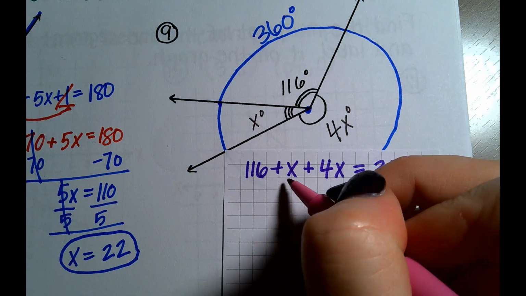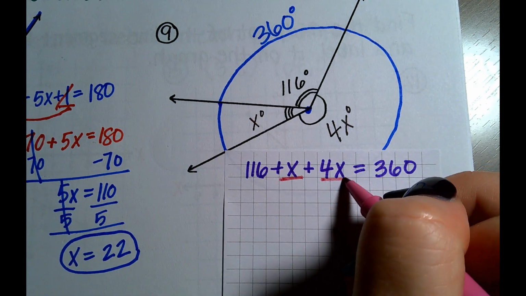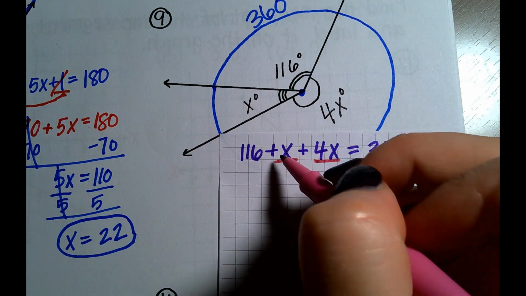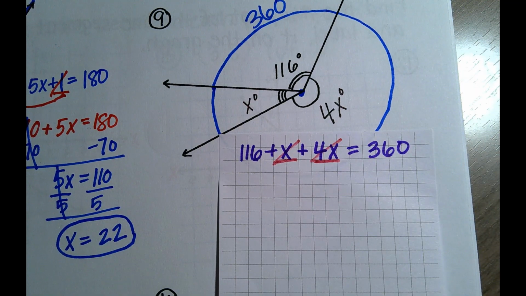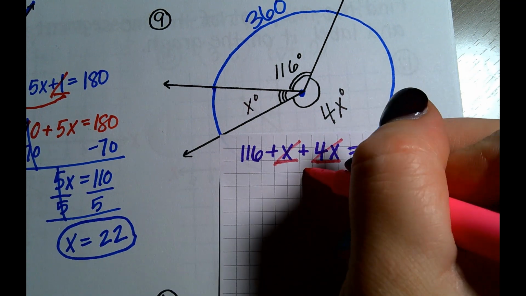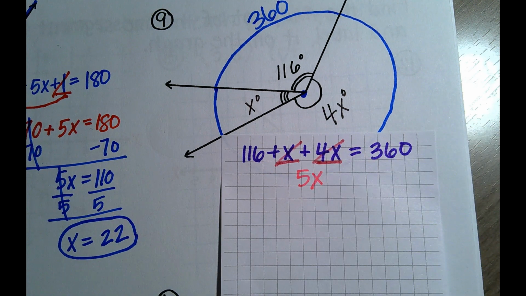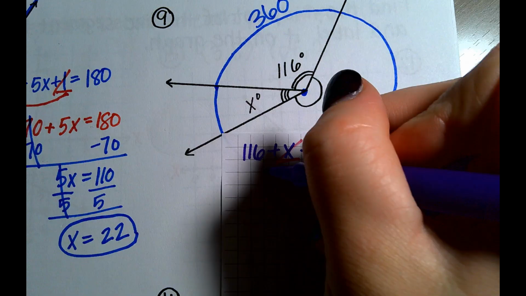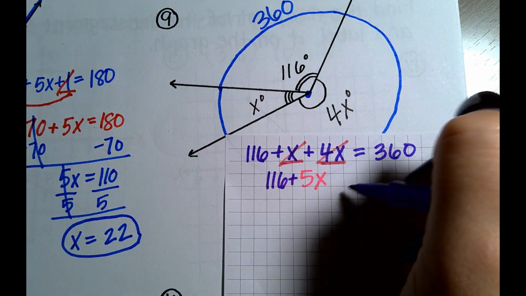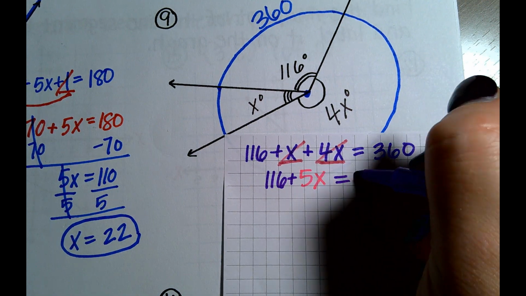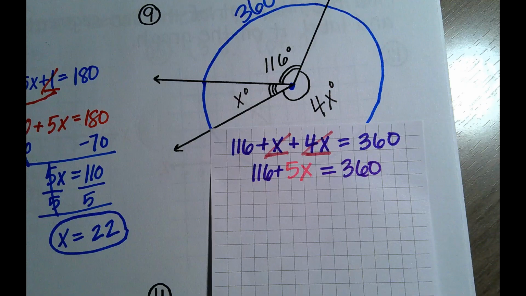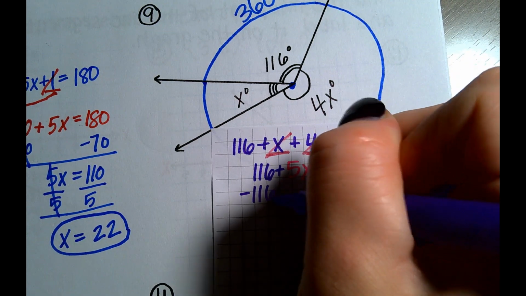Yes, combine like terms. I've got x's. What is x plus 4x? 5x. Okay, I'll bring everything else down. 116 plus 5x equals 360. Good, yes, subtract 116.